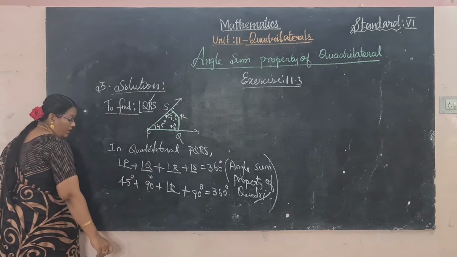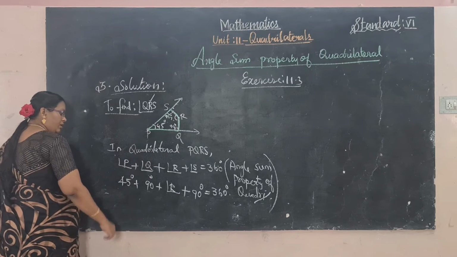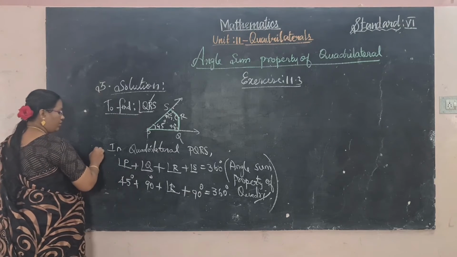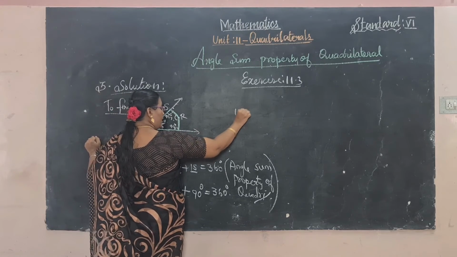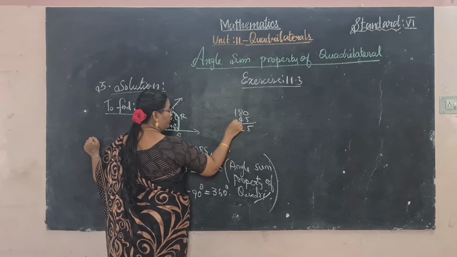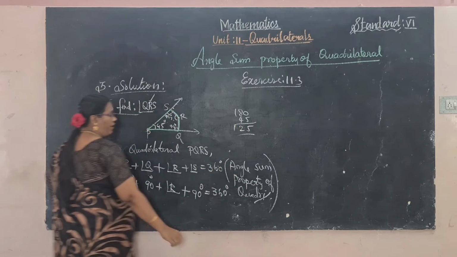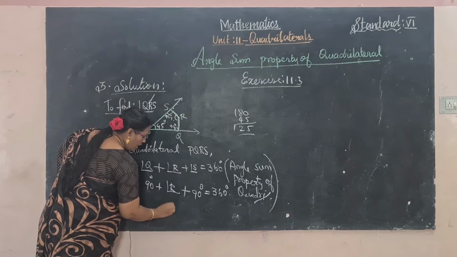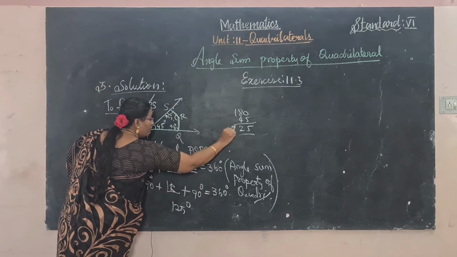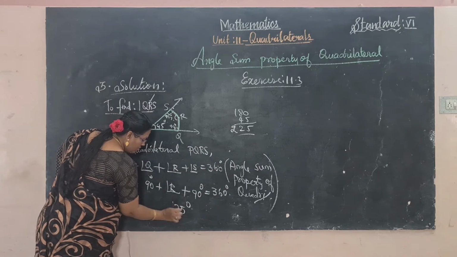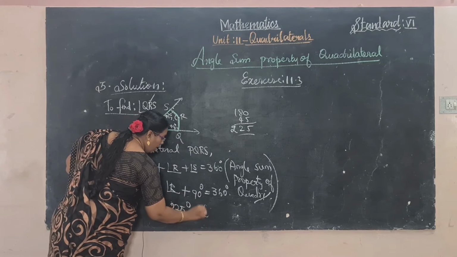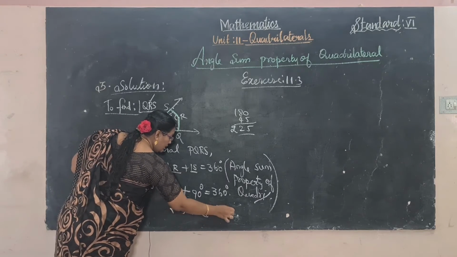90 plus 90, 180. 180 plus 45, 225 degree. So 225 degree plus angle R equal to 360 degree.